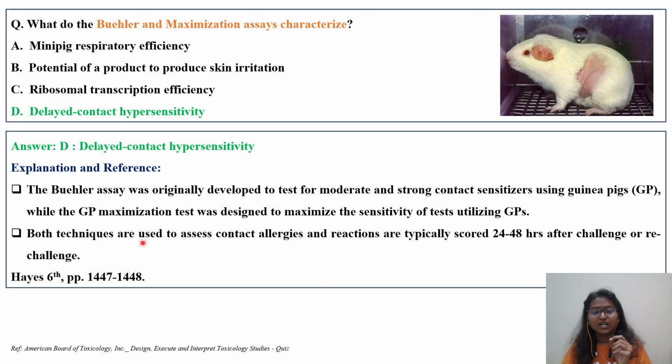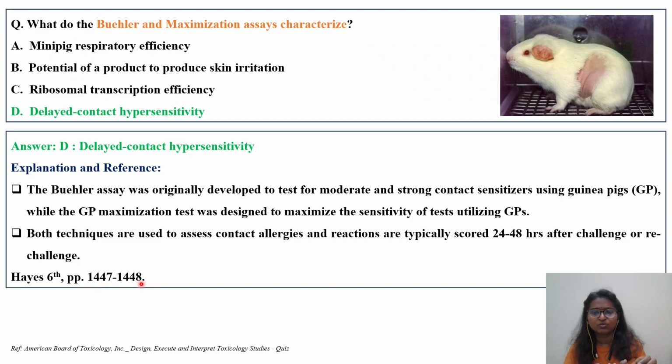Both techniques are used to assess contact allergies, and reactions are typically scored 24 to 48 hours after challenge or re-challenge. For this, the reference given by the American Board of Toxicology is Hayes' Principles of Toxicology, 6th edition, pages 1447 to 1448.